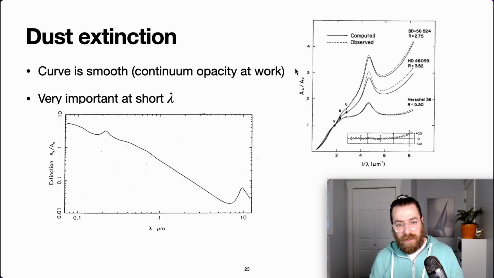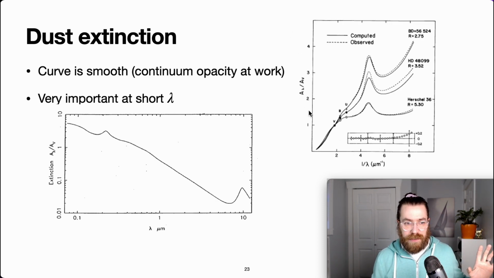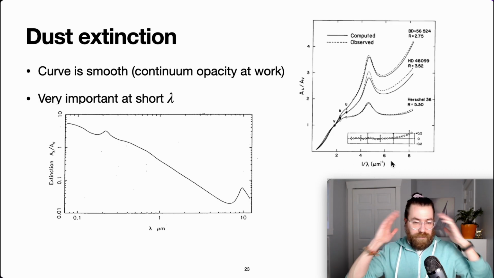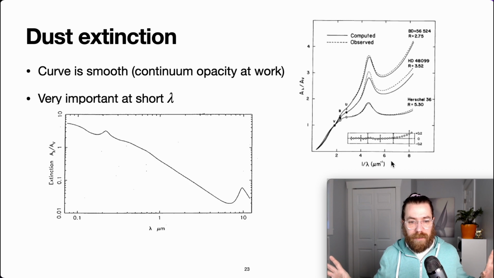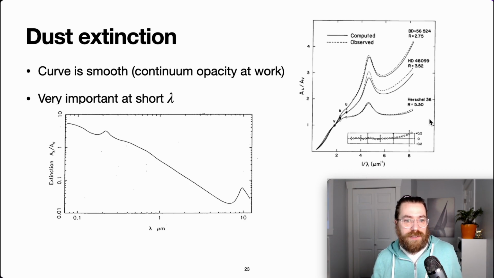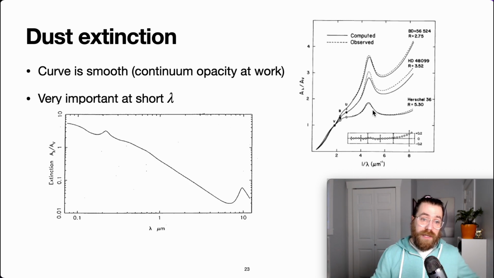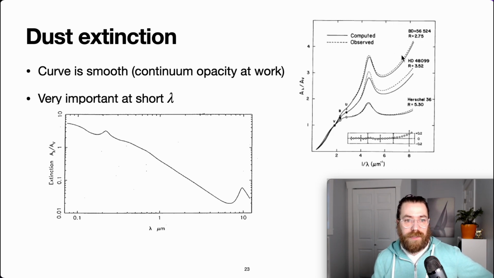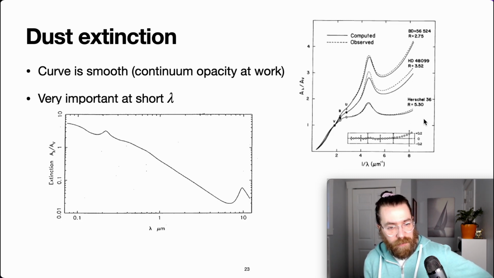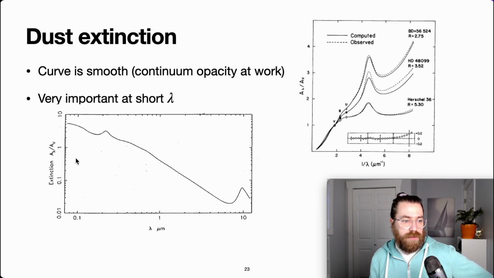In the studies of the interstellar medium, for historical reasons, they usually compute this as 1 over the wavelength in inverse microns. This unit blows my mind. I would love to hear somebody tell me why this is a good unit, why this is the right way to measure it. But what it does do is emphasize variations in different models, different chemistries of dust that you might be looking through. And so, big 1 over wavelength here is short regular wavelength.